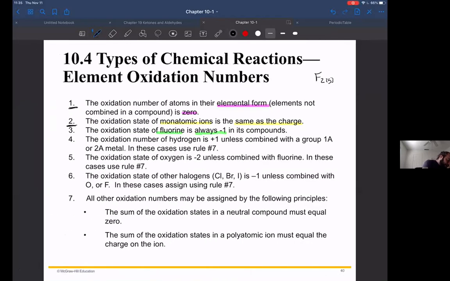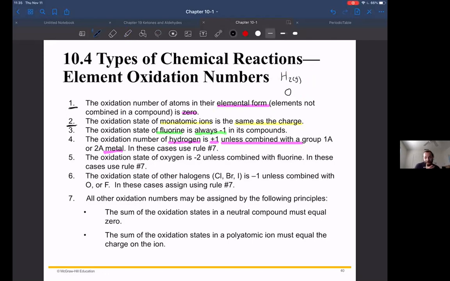All right, the next 2 rules here, let's look at. The oxidation number of hydrogen is +1, and this is where it gets a little tricky, unless combined with a metal. Okay, so first of all, H2 gas, this is hydrogen in its elemental form, so its oxidation number would be 0.